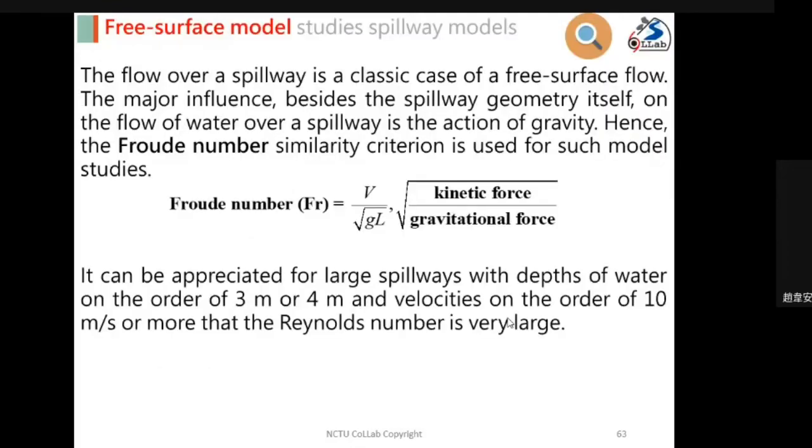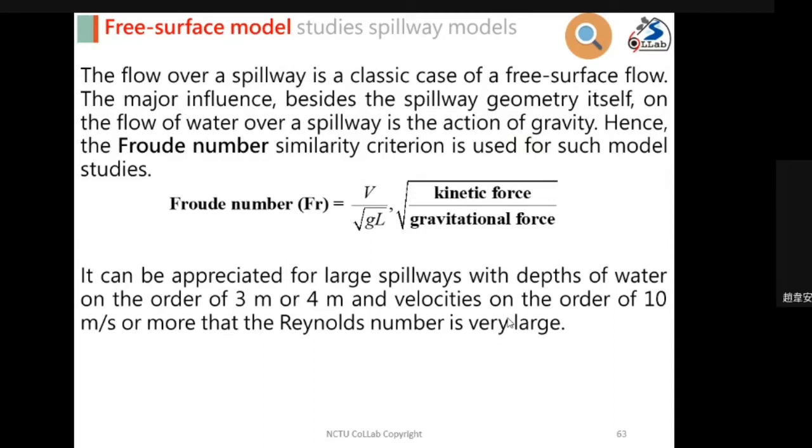Another famous problem we usually meet is free surface model studies, the spillway models. If our problem is spillways, then gravity effects are really important. So we need to use Froude number balance to satisfy the dynamic similitude.